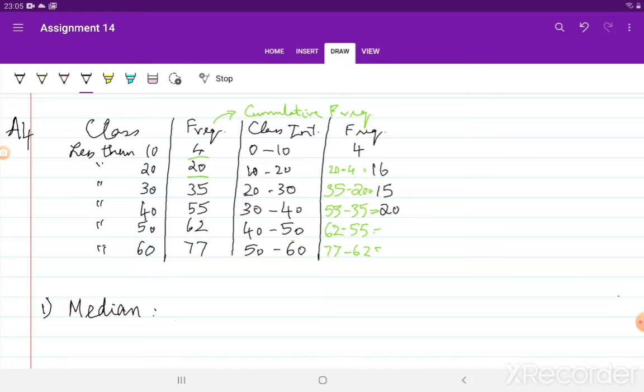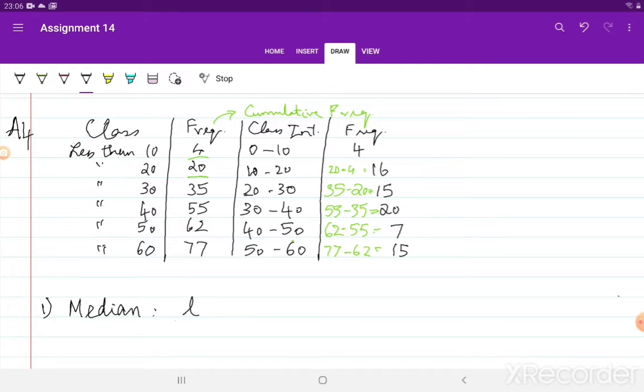So, 62 minus 55, 77 minus 62, right? So 4, 16, 15, 20 and 15 are the corresponding frequencies for the class intervals 0 to 10, 10 to 20, 20 to 30, 30 to 40, 40 to 50 and 50 to 60.